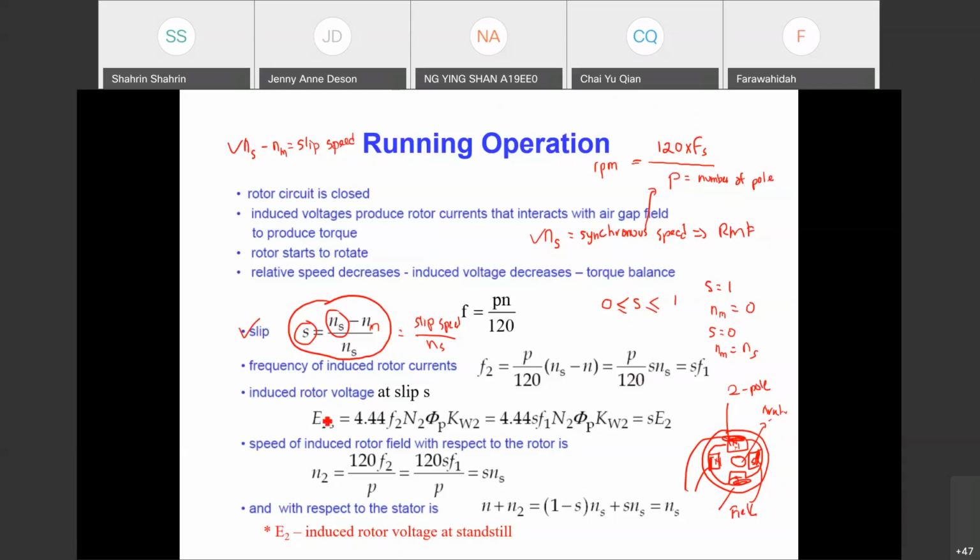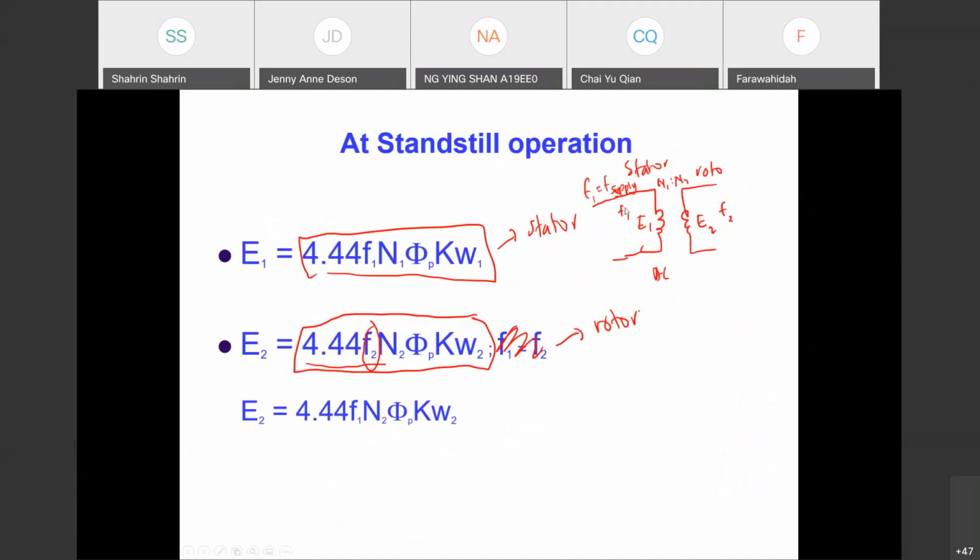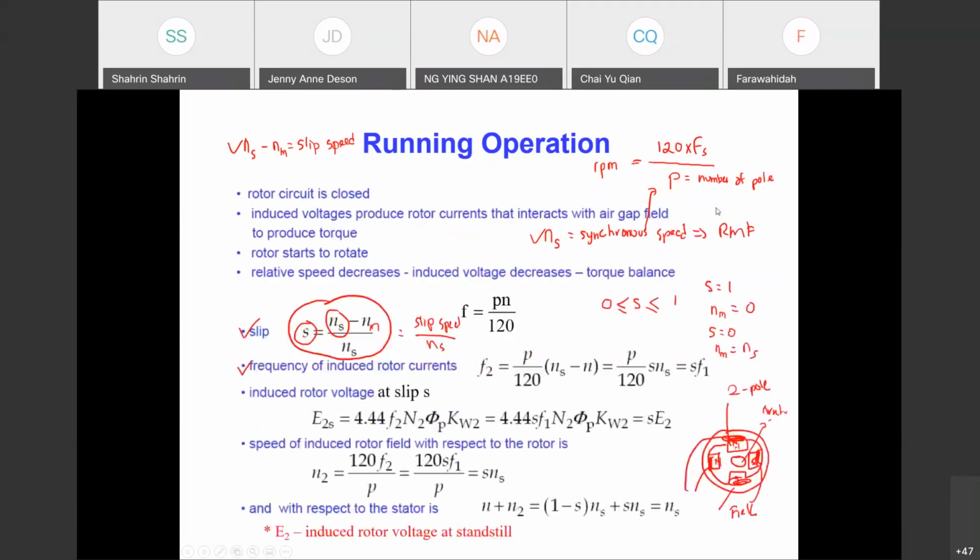Okay. And then another point is the frequency that is induced inside the rotor. Because we already know here, we have the stator with its own frequency, and the rotor circuit also has its own frequency. So what is the frequency of this rotor circuit? You can compute it by using this equation.